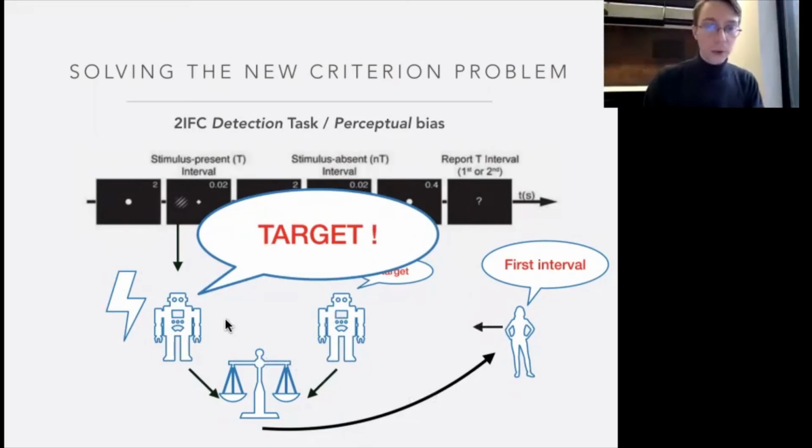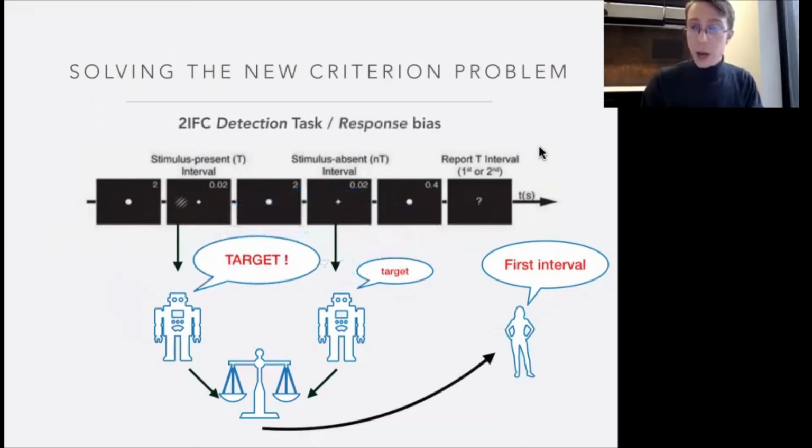And so if you have high pre-stimulus excitability, here what will happen is that you will increase the activity of my target detector. And so ultimately what will happen is that you will have an increased hit rate. That is, you'll be better because now the balance of evidence is even higher in favor of the target present interval. Okay.